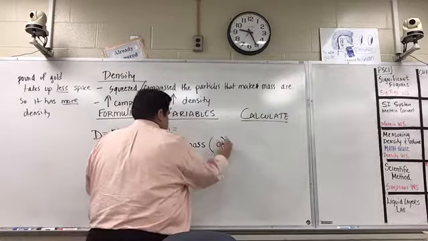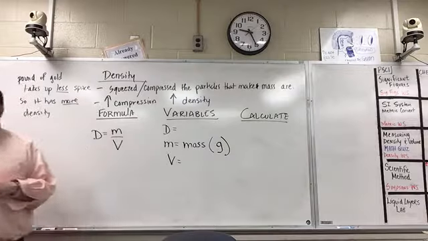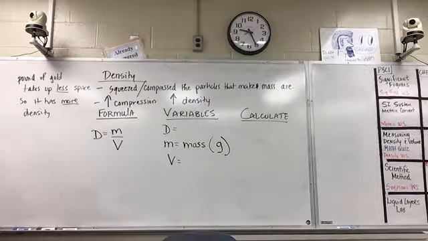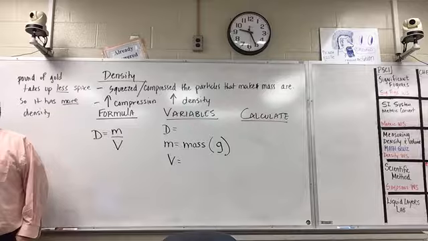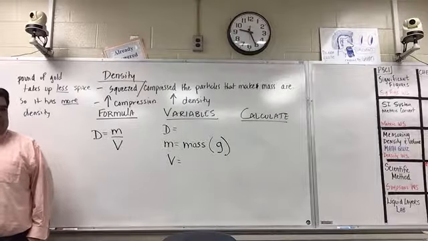If you have a number and it's got a g after it, you know that's a mass because g stands for grams. 20 kg, kilograms, mass. 20 mg, milligrams, mass. 20 g, grams, that's a mass. If you don't remember that mass is measured in grams, I could put a number right in front of you and you'd never even know it.